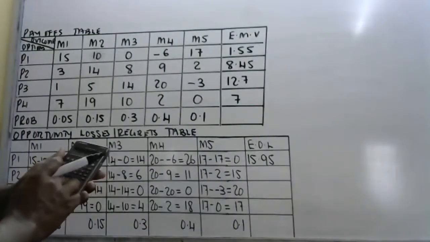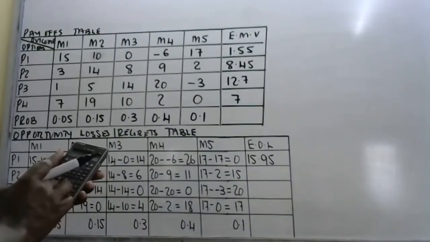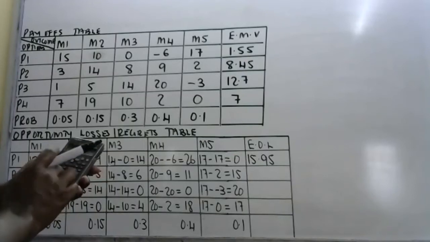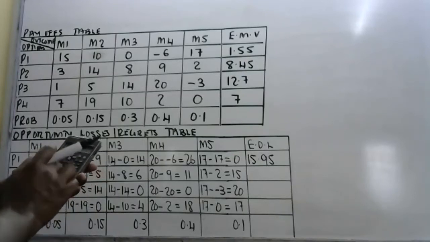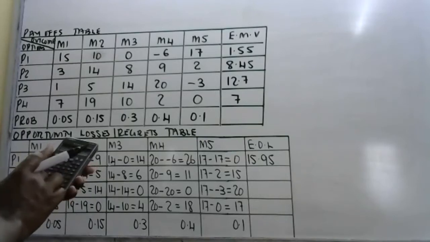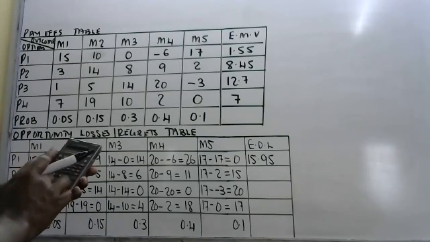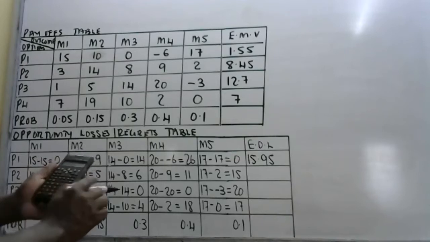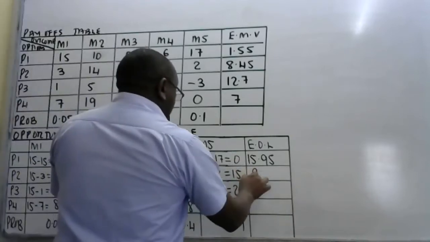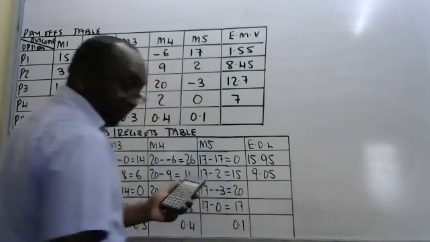Now I do P2. So it is 12 times 0.05 plus 5 times 0.15 plus 6 times 0.3 plus 11 times 0.4 plus 15 times 0.1 equals 9.05.